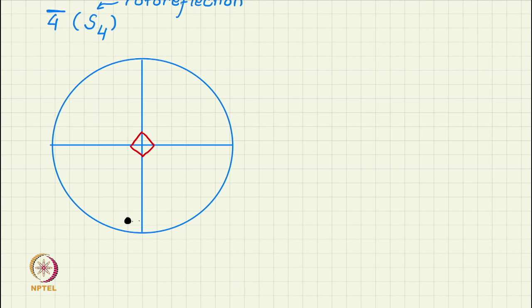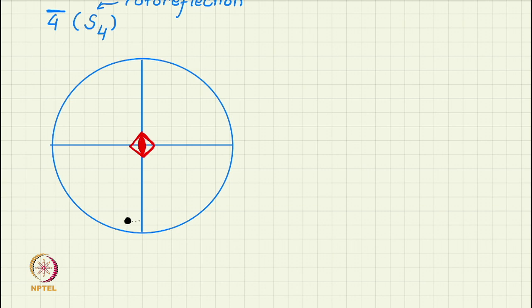A filled square was representing a pure 4-fold rotation, proper 4-fold rotation axis. For 4 bar axis, the international symbol is an open square, but with a filled lens inside. We will see why this symbol has been chosen.